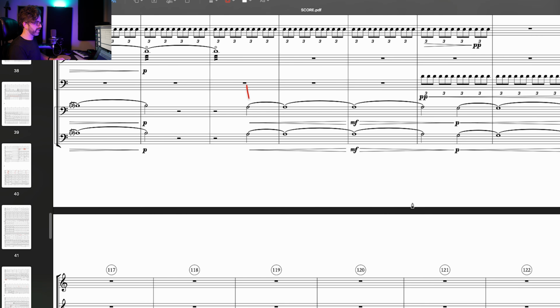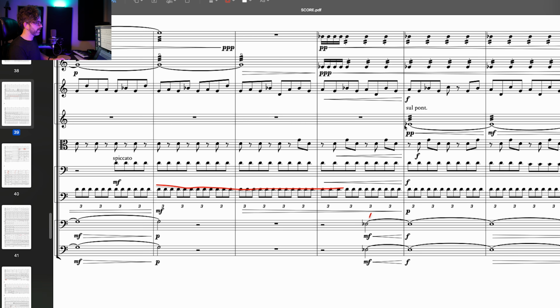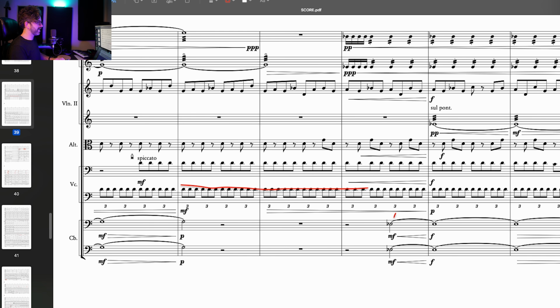It's much more piercing. And what's so cool is that after that, you got this other cello that's starting to play on the same note, exactly the same note.